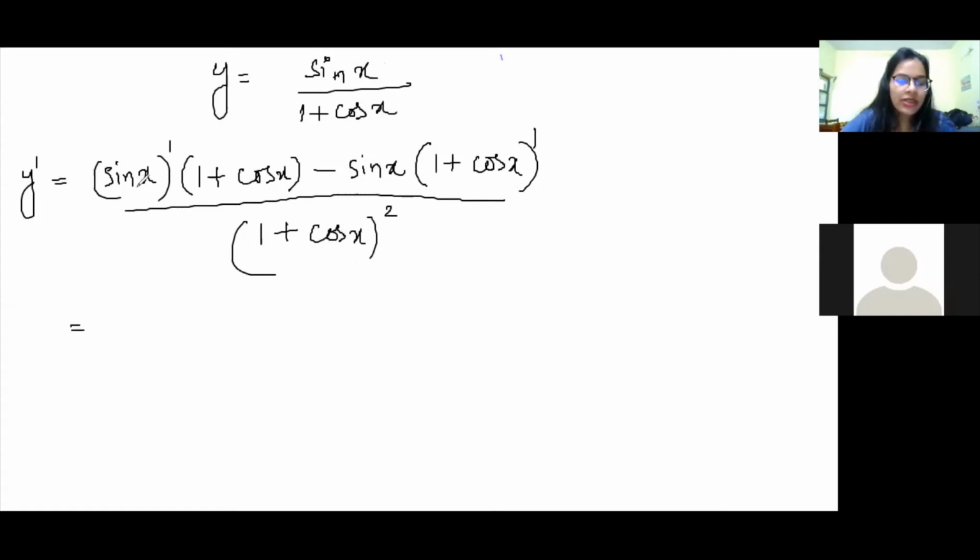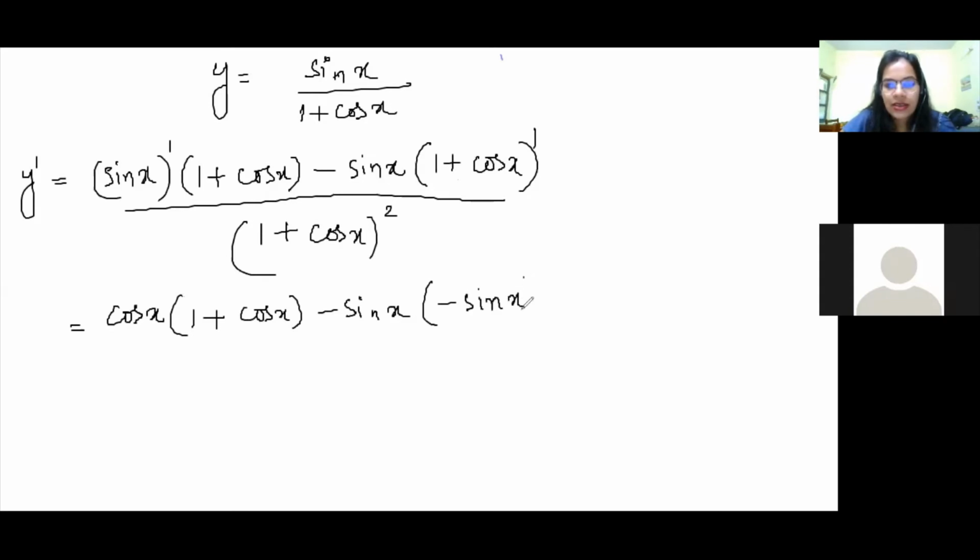So we know derivation of sin x is cos x, okay, into 1 plus cos x, then minus sin x. So we know the differentiation of 1 is 0 and of cos x is minus sin x, divided by 1 plus cos x whole square.